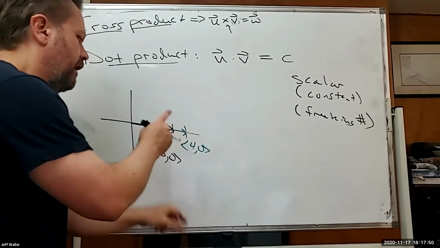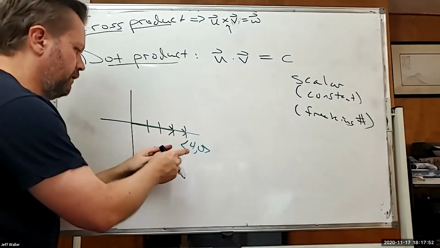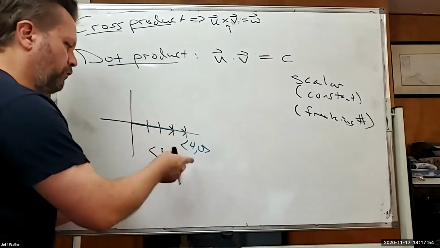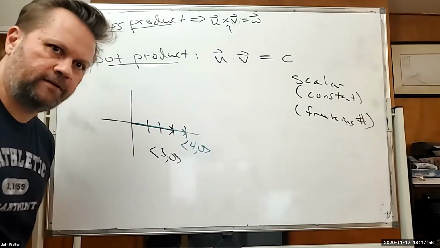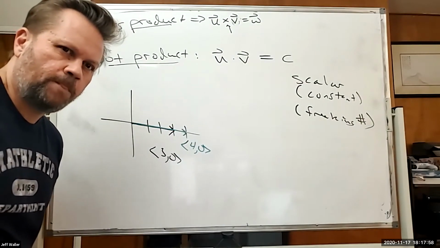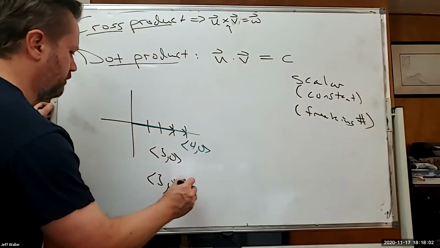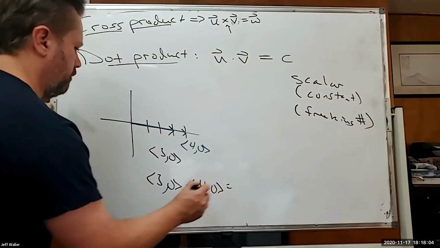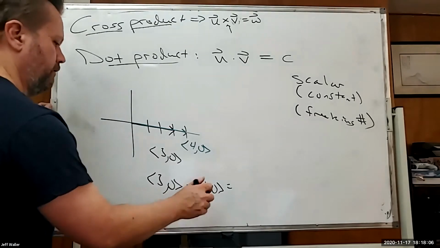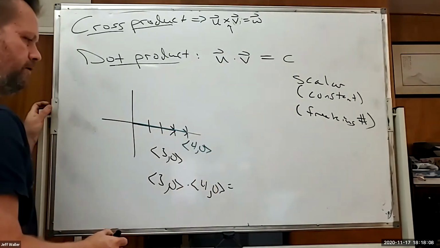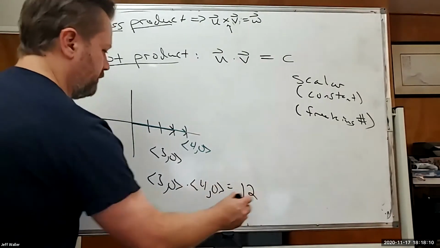Those vectors actually truly represent the number 3 and the number 4 in a very basic sense. So what do you think I get when I do 3, 0 dot 4, 0? 12.